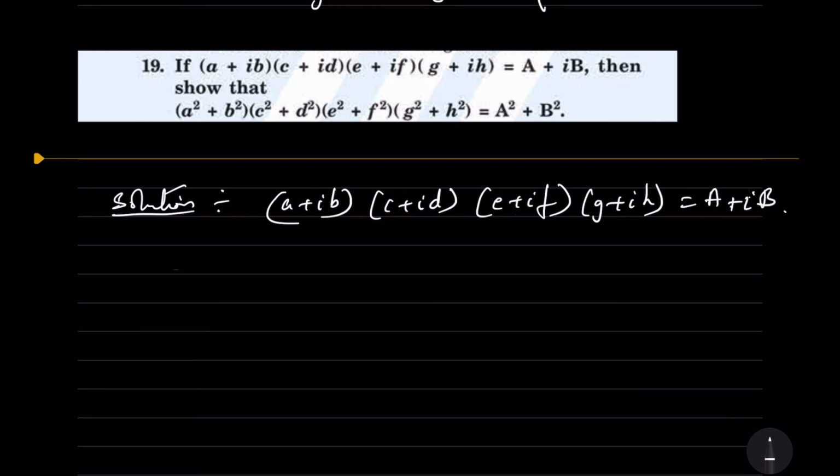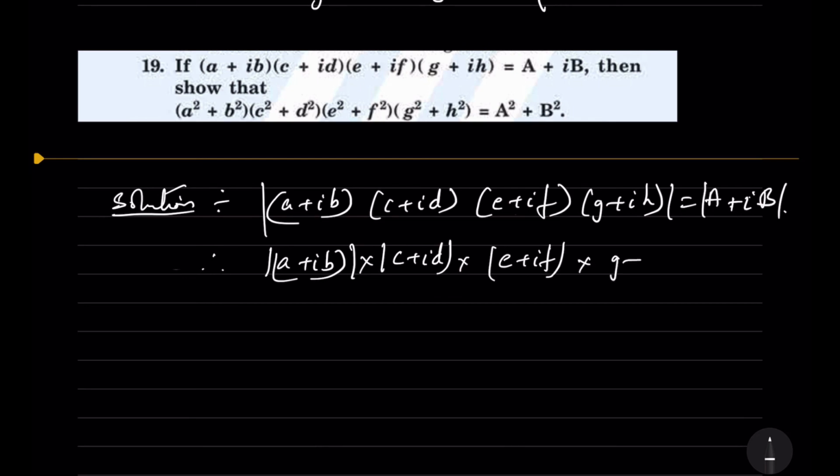So therefore if you are taking mod of both the sides, what do we get here? Now mod again you can write down each one in a different mod. So you can write this as mod of c plus id into mod of e plus if into mod of g plus ih is equal to mod of a plus ib.